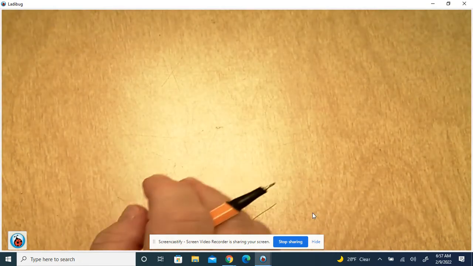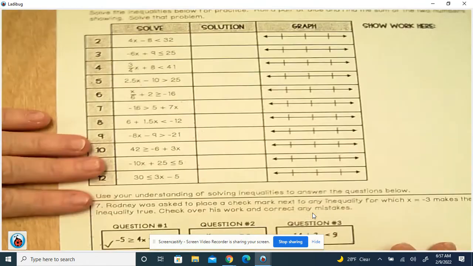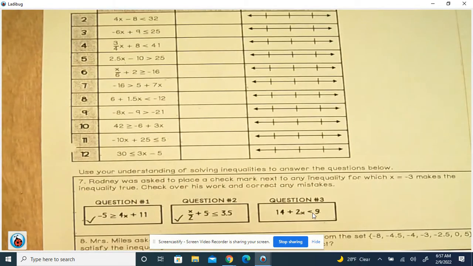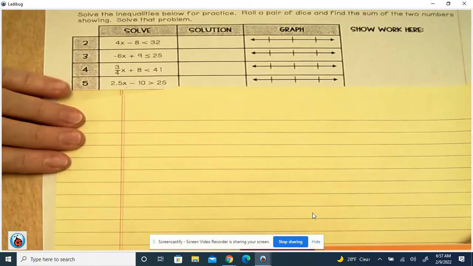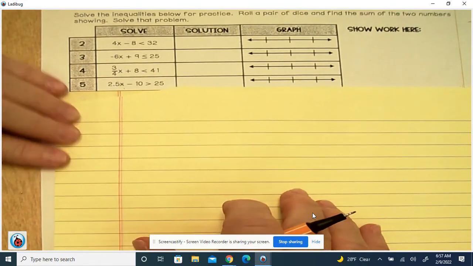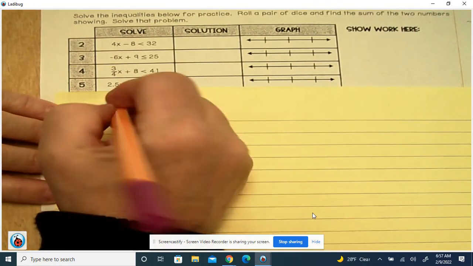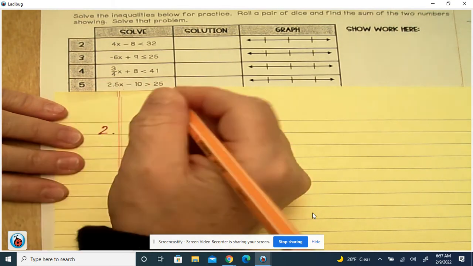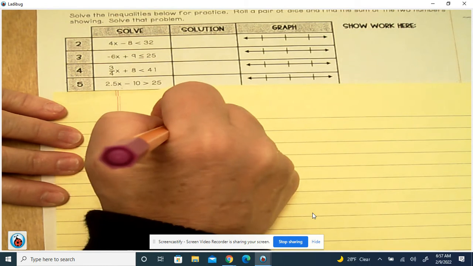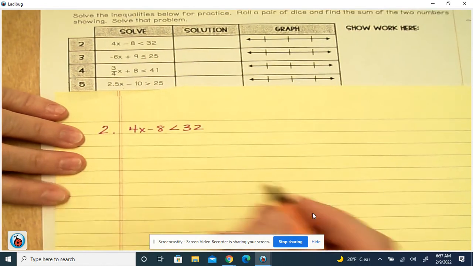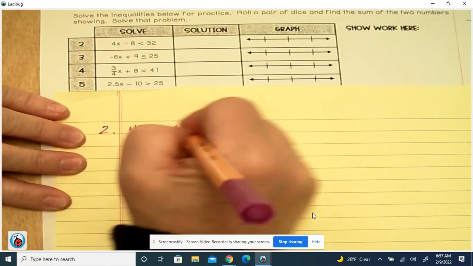All right. Next up, we've got these 12 problems. Maybe it's 11 problems. I don't know what they do with number 1. I'm going to do the first 5 on paper, and then the last ones with the calculator. So number 2 is 4x minus 8 is less than 32. So I'm going to add 8 to both sides.